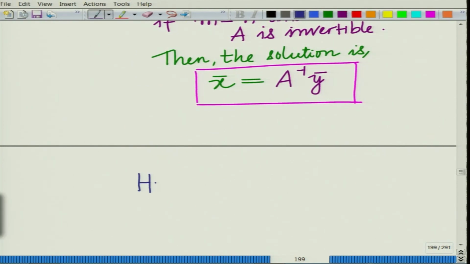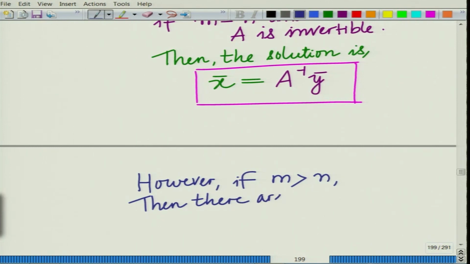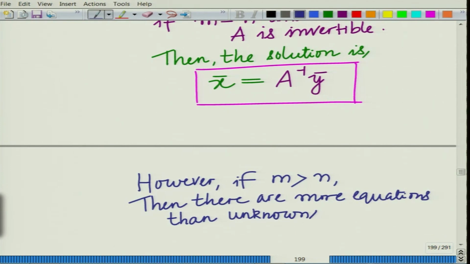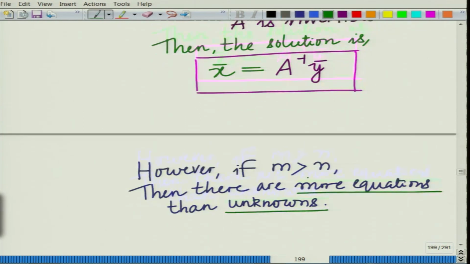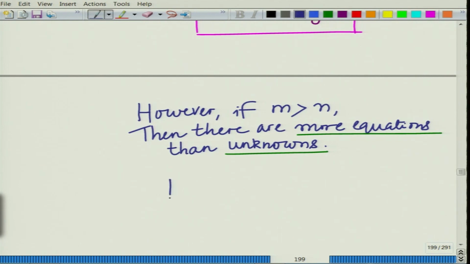Now, if m is strictly greater than n, then there are more equations than unknowns, that is, the number of observations or outputs is greater than the number of inputs.